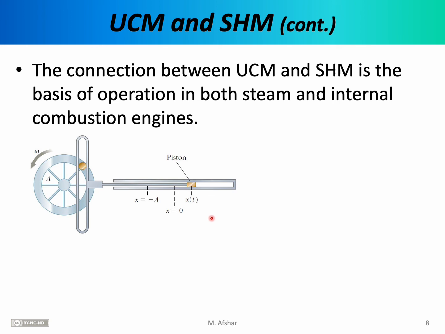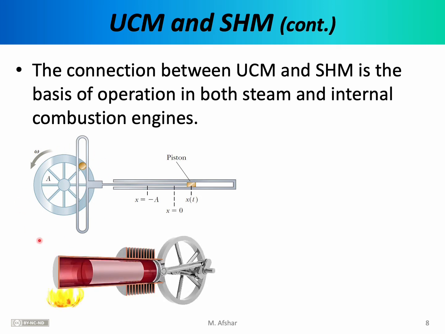Of course, you can also reverse the order of operation. You could somehow force the piston to move left and right, and as it does so, it will force the wheel to execute uniform circular motion. This is exactly what happens inside a steam engine. Inside a steam engine, what we have is a cylinder that is filled with steam.